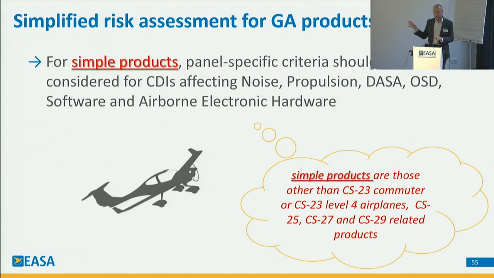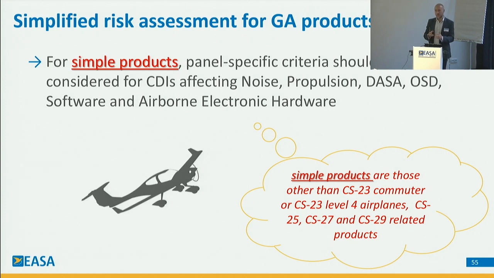So within the scope of this 21.B100 assessment, what we have identified is that for simple products, and in this case simple products mean everything except CS-25, 27, 29, and CS-23 commuter or level 4 according to the new Amendment 5. So excluding these products, you can do your LOI assessment just using the AMC to Part 21, the AMC and the guidance that you've seen so far.